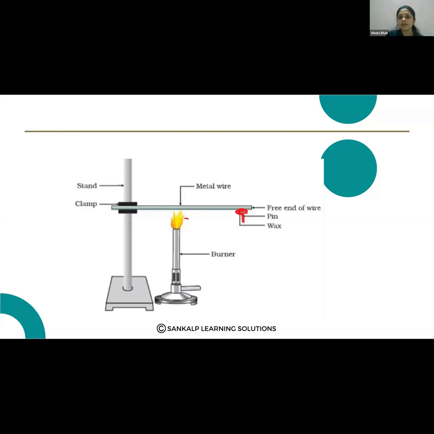Then, using the burner, you have to heat the metal wire near the clamp. Near here you have to heat this.